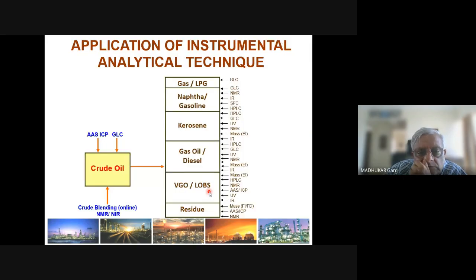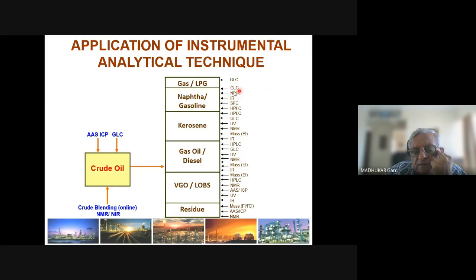This is just the final slide in terms of crude oil and various methods that are used. AAS is atomic absorption spectrophotometer. ICP is inductively coupled plasma. GLC is gas liquid chromatography. People use even NMR, that is nuclear magnetic resonance, basically to determine.